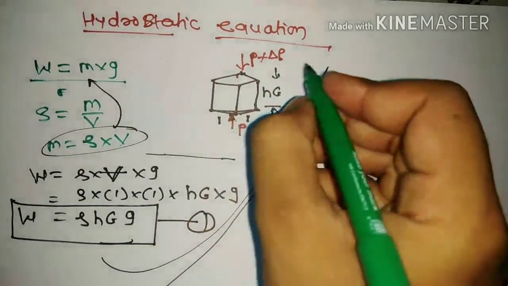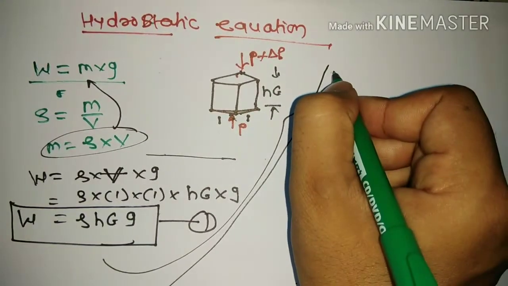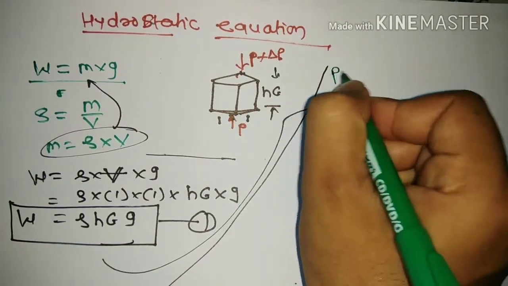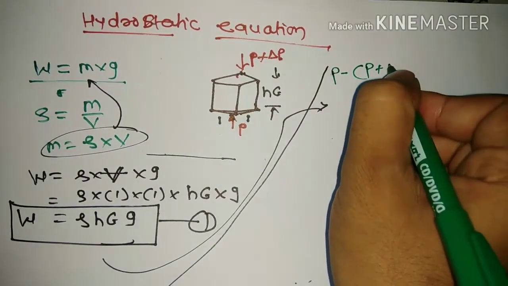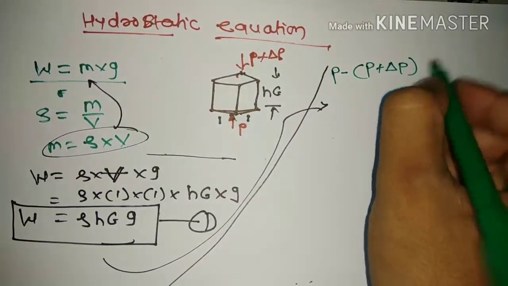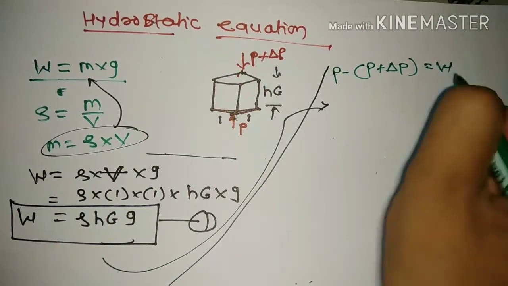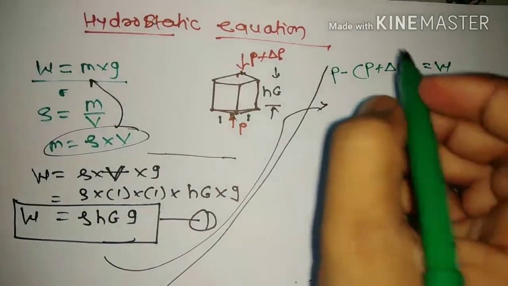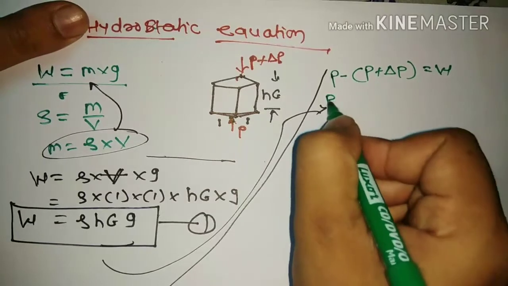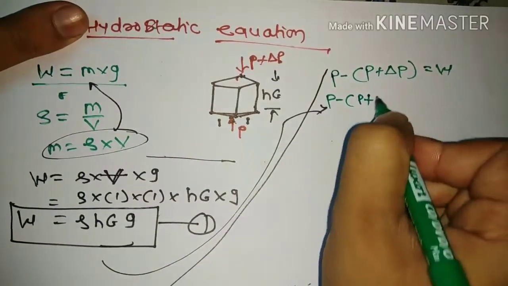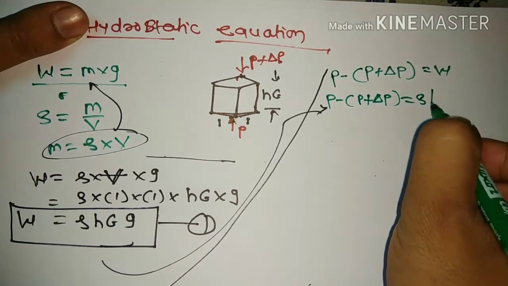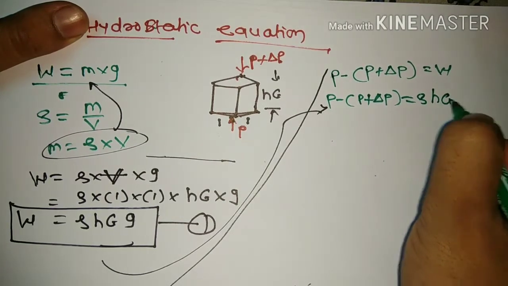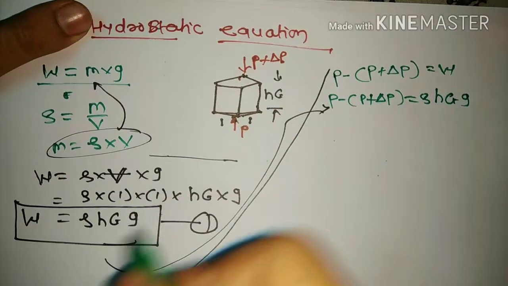So we subtract: P minus (P plus delta P) is equal to the weight of the element, rho Hg g.